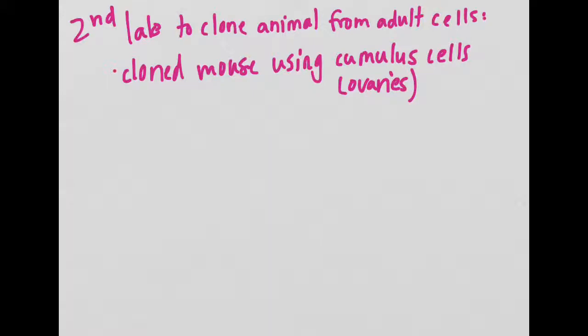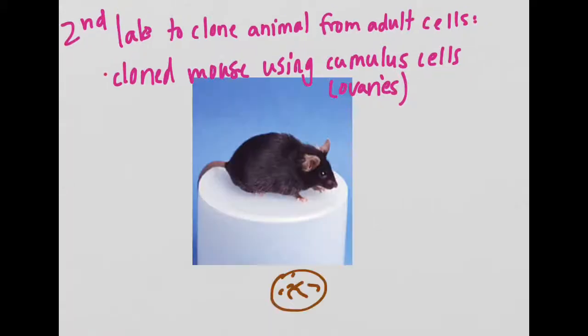So basically what they did was they removed the nucleus from the cumulus cell of a brown mouse. So there's the genetic material, the nucleus of that cell. And then they directly injected that genetic material from the brown mouse into the egg cell of a black mouse, hence the black circle around. And so what they did was they tracked the heritage of the mice, and they did that by using coat color. So again, they put that egg cell into a white host mother.